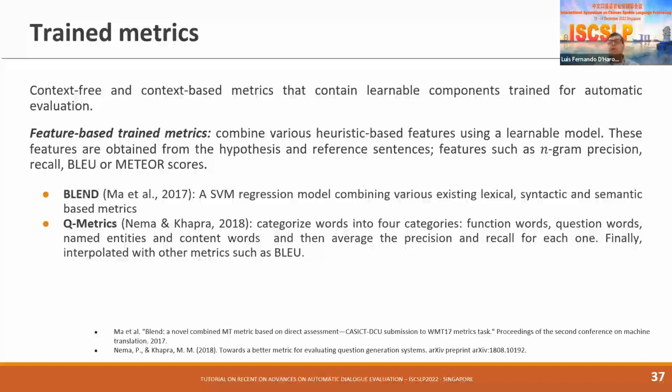For instance, we can extract as features the n-gram precision, the recall, the BLEU and METEOR scores, but at the end, we want to use, let's say, an SVM model, like in the case of BLEND, or we may use some linear regression model to put all these features together and predict what the output from humans will be.